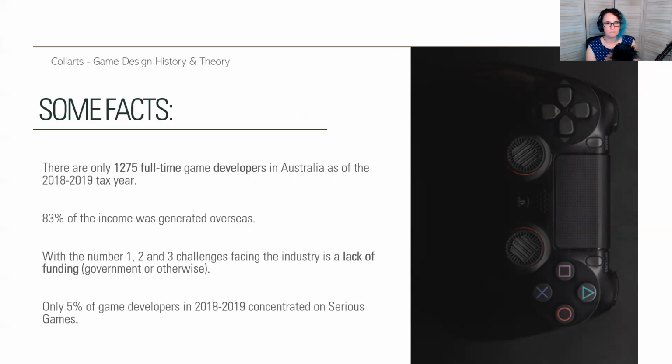That doesn't mean there are only 1,200 jobs. That just means how many people said that they are full-time and they are game developers, not necessarily working in games. You could be a publisher for a game creator, and you wouldn't necessarily consider yourself a game developer.